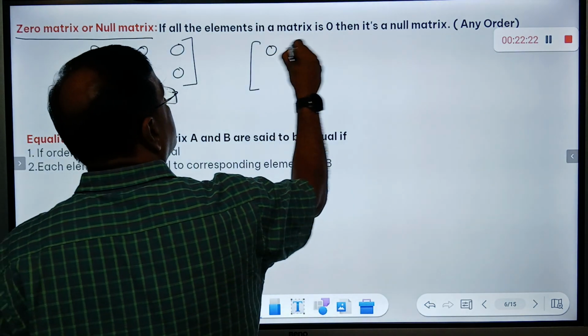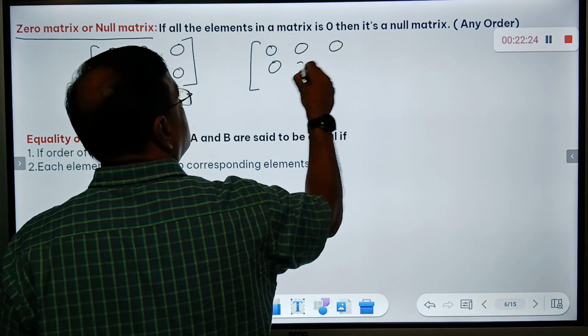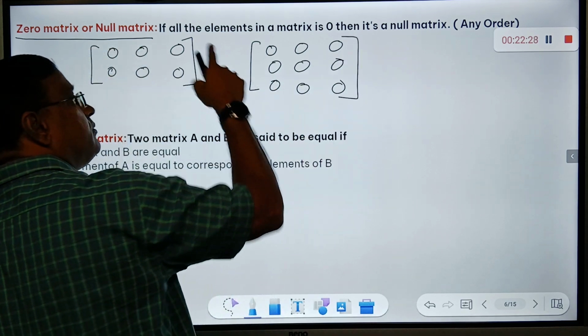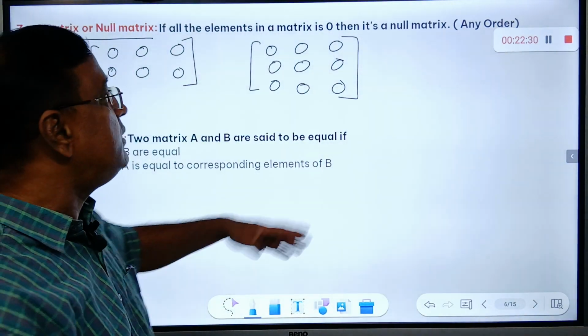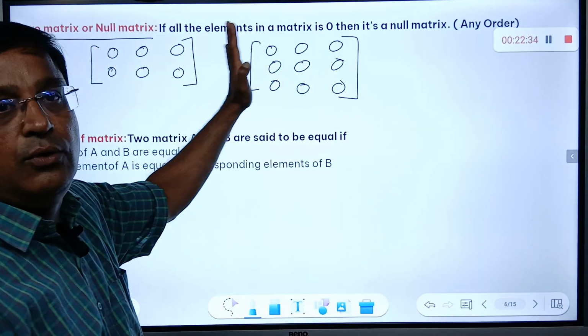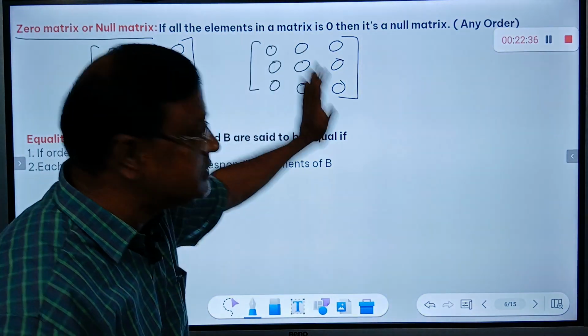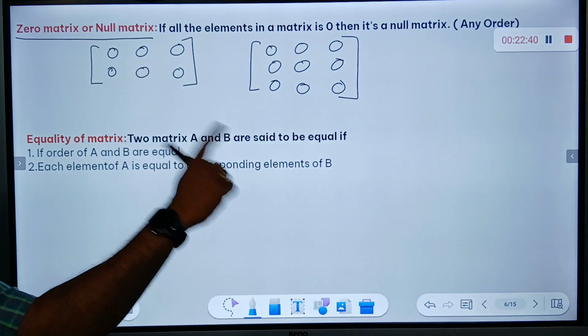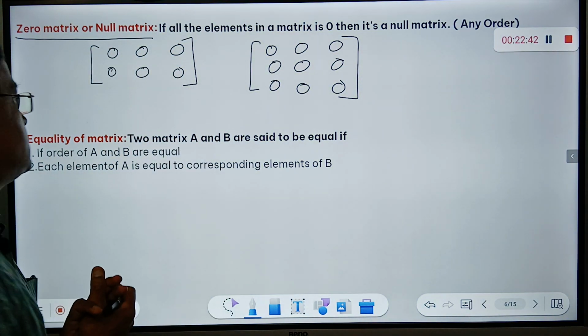See this: 0, 0, 0, 0, 0, 0, 0. I have given you one example of a rectangular matrix and one example of a square matrix where all the elements are 0. If all the elements are 0, you call it a zero matrix, otherwise called a null matrix.